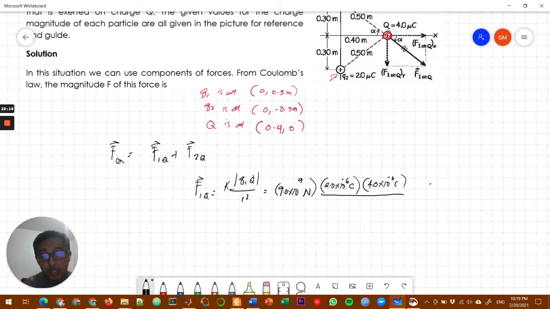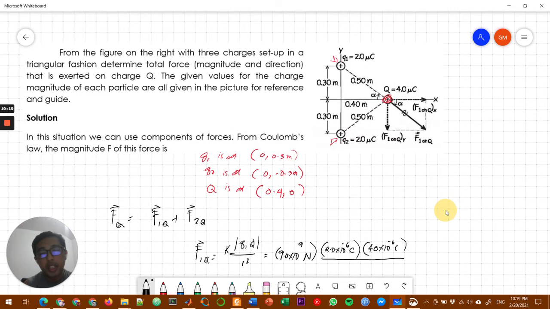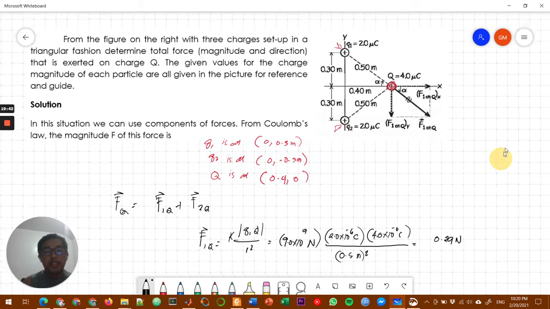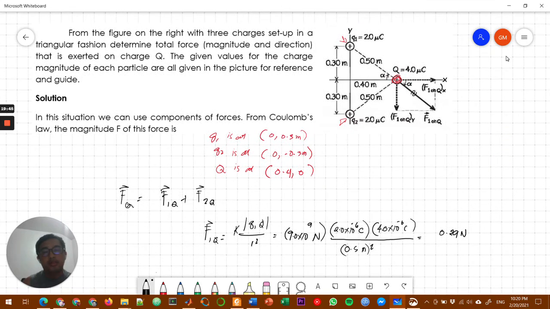It's already in meters, and the distance between Q1 and Q is just 0.5 meter squared. Using a calculator, we have 0.29 newton.